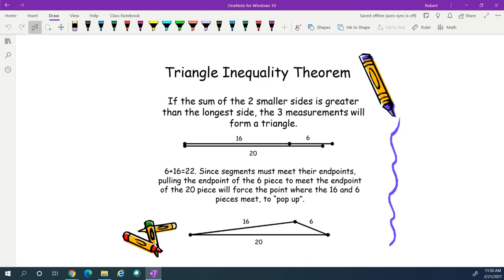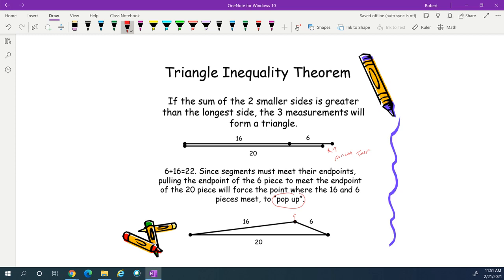But if we pinch those two ends together, then it's going to cause that center vertex to pop up where they stick together.